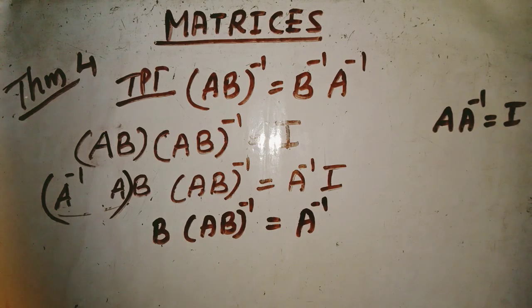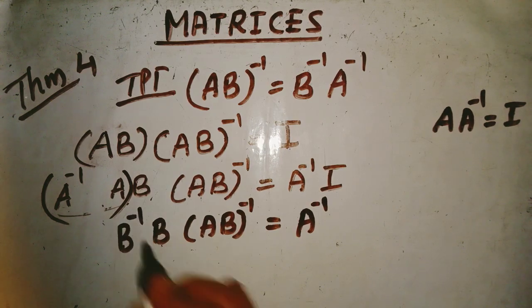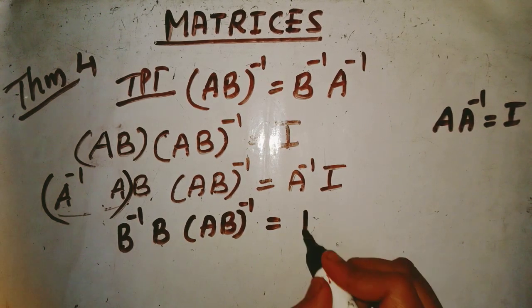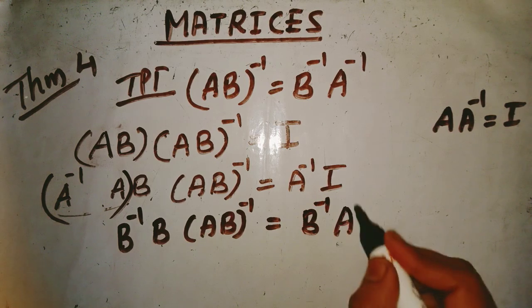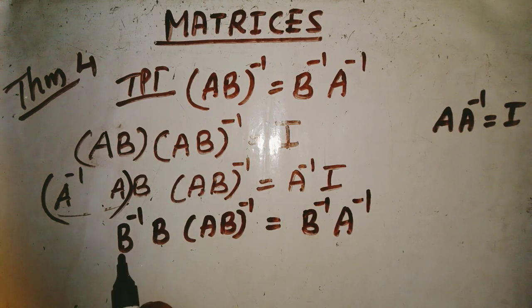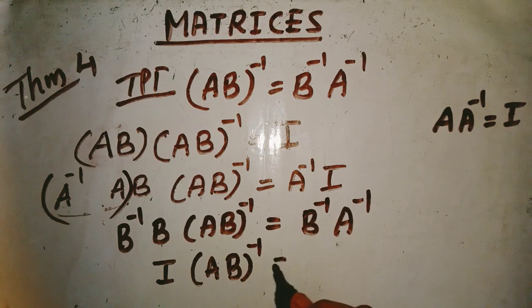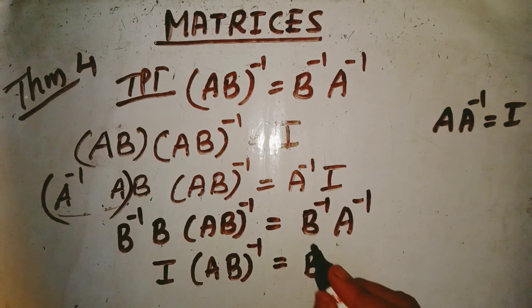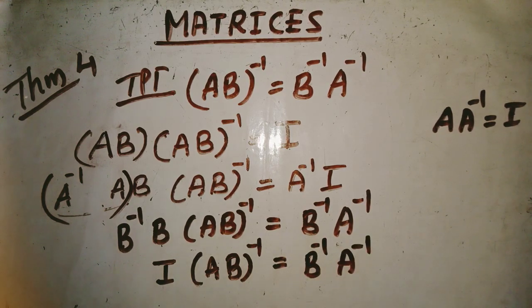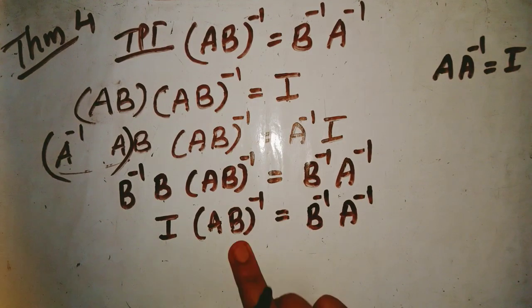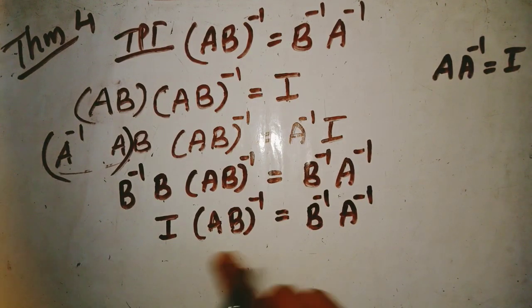Now multiply both the sides with B inverse. B inverse B is again I, and the identity matrix with a matrix, you will get the same matrix.